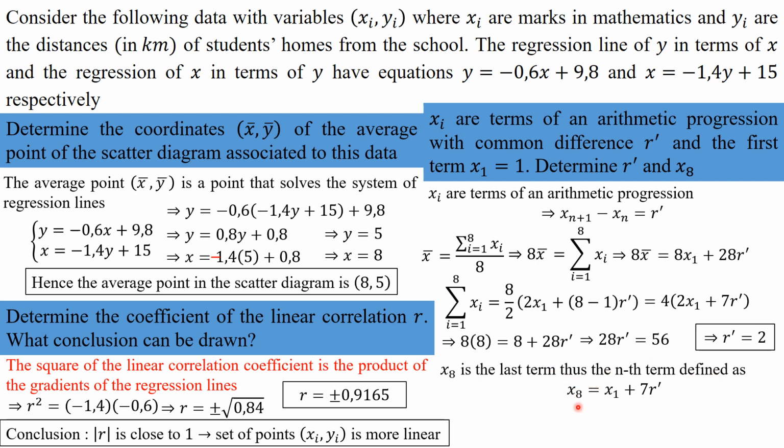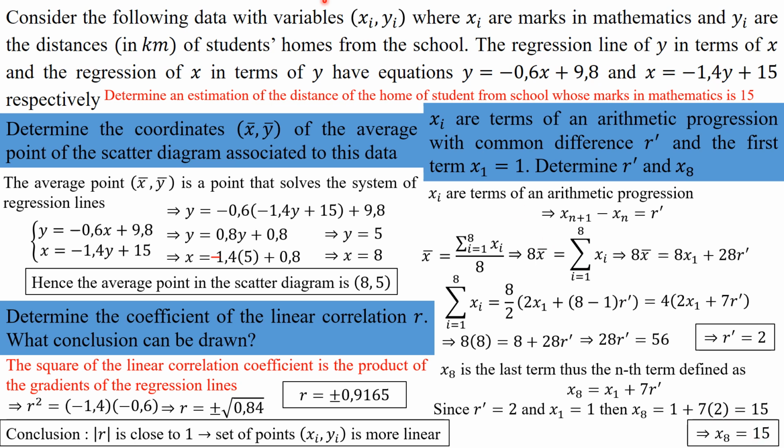So our x8 is just a plus n minus 1 times d. That's the definition. So a is x1, plus n minus 1, 8 minus 1, 7, times r prime. Since we have x1 and r prime, we just replace. Our r prime is 2, our x1 is 1, so our x8 is 1 plus 2 times 7, which is 15. Finally, we get our x8 to be equal to 15.